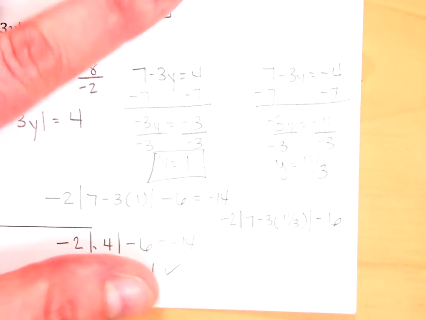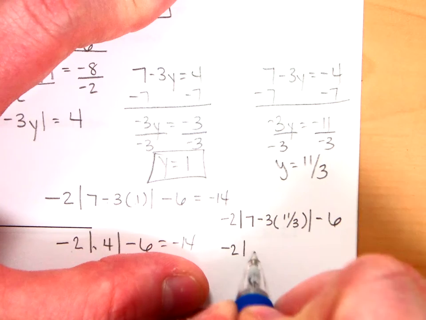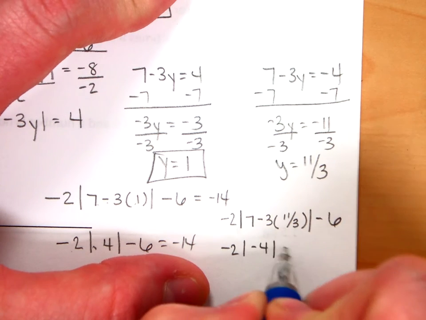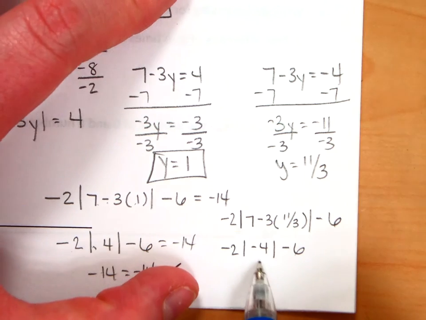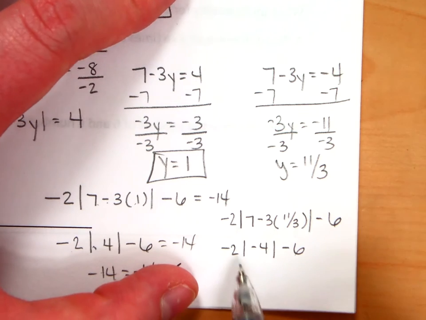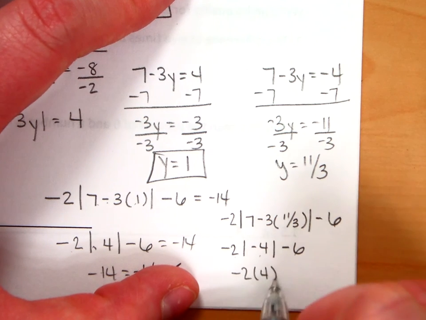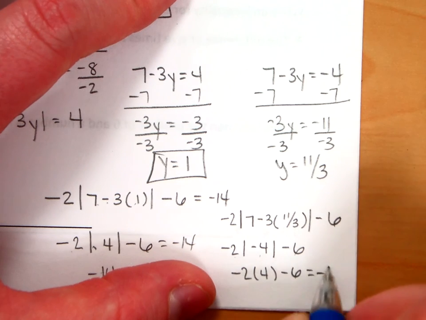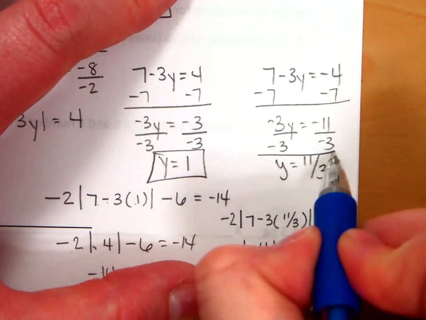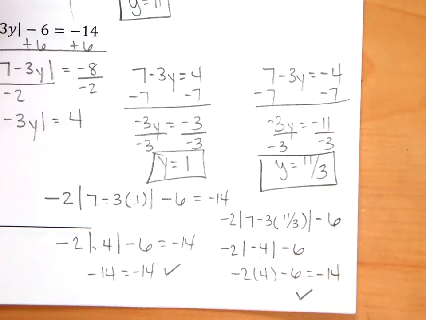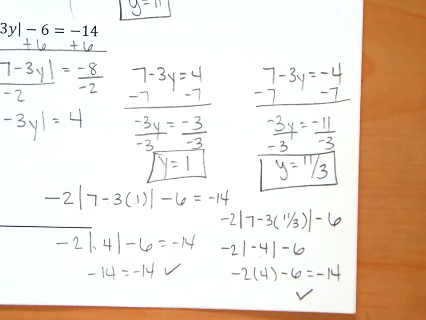I'm going to write that down as negative 2, absolute value, negative 4, absolute value, minus 6. The absolute value of negative 4 is positive 4, so negative 2 times 4 minus 6 equals negative 14, which works, so both of these are solutions. Hope this helps you. Have a wonderful day.